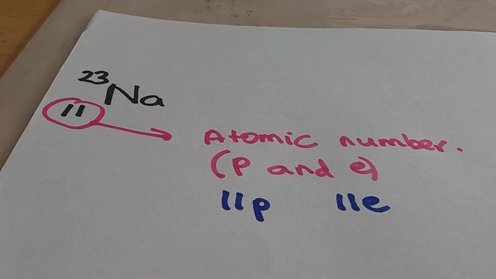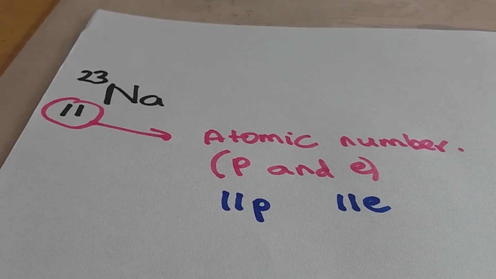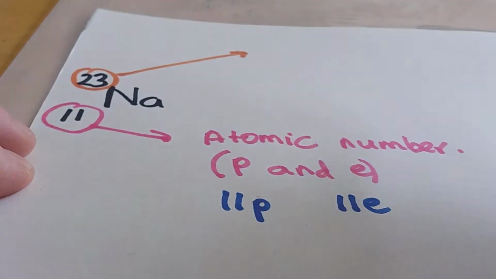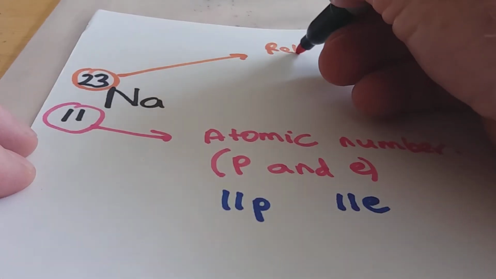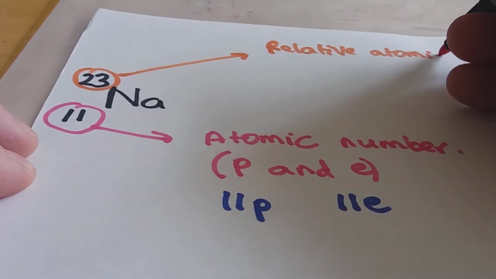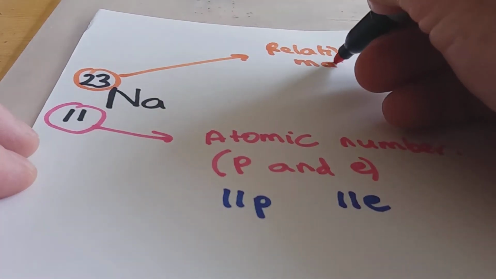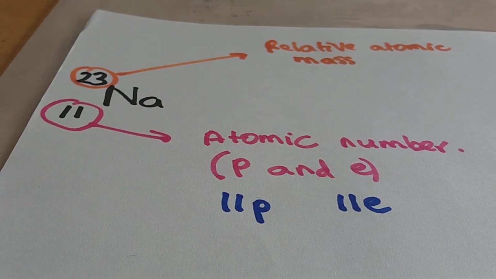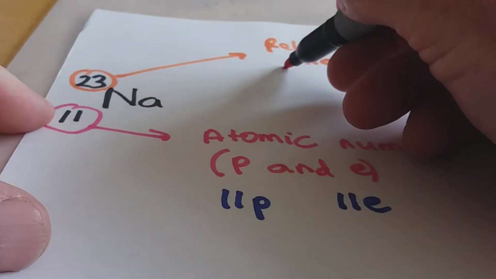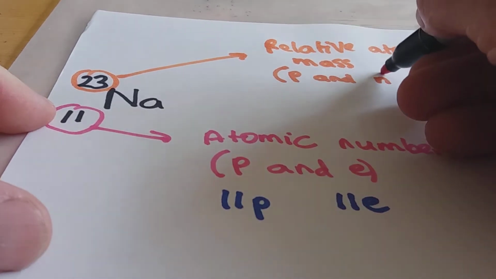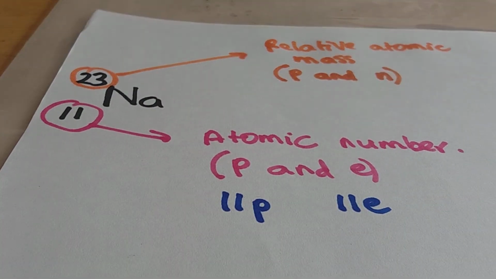Now, if we look at the top number, the 23, this is called the relative atomic mass, RAM for short, and this is made up of all the particles which have a mass of 1. So this is protons and neutrons, the total of the protons and neutrons.